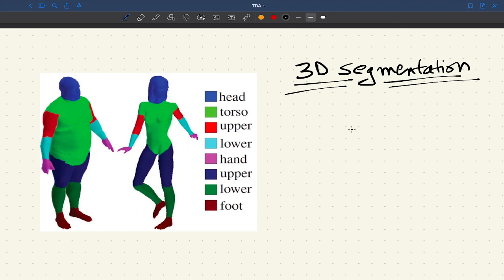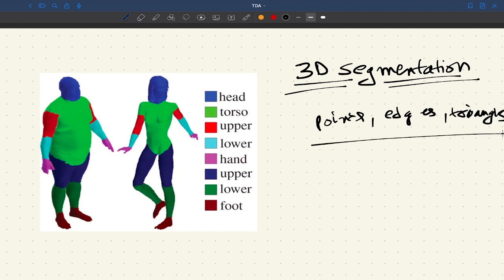Usually these 3D shapes are stored as points, edges and triangles in the computer. In the computer we will tell that this is the point of the head, these are the edges in between those points, and these are the triangles we are getting in the data.